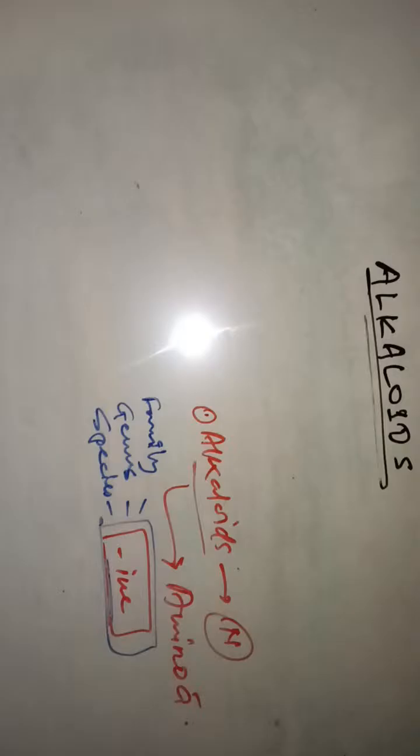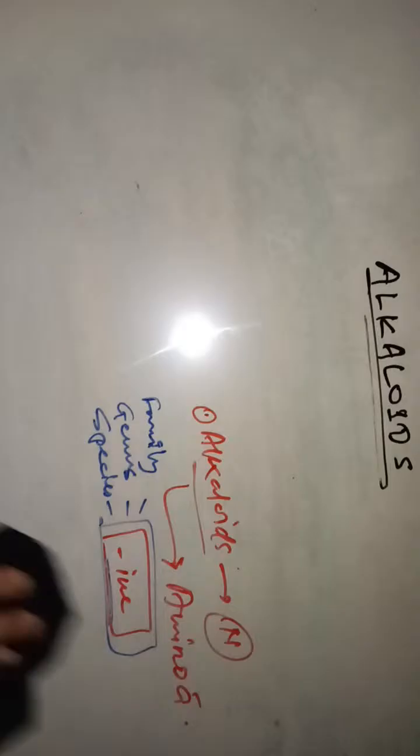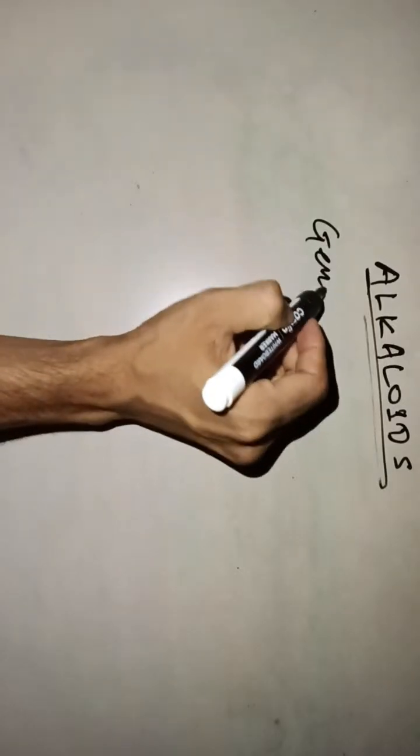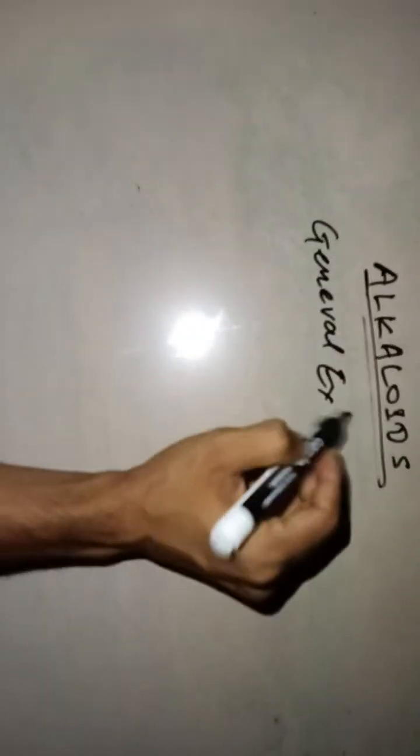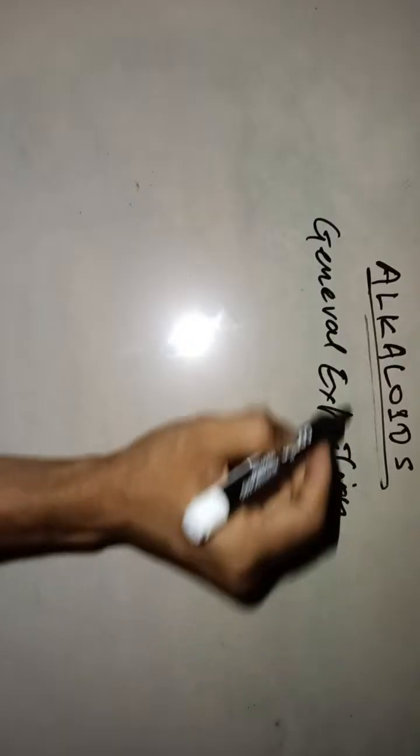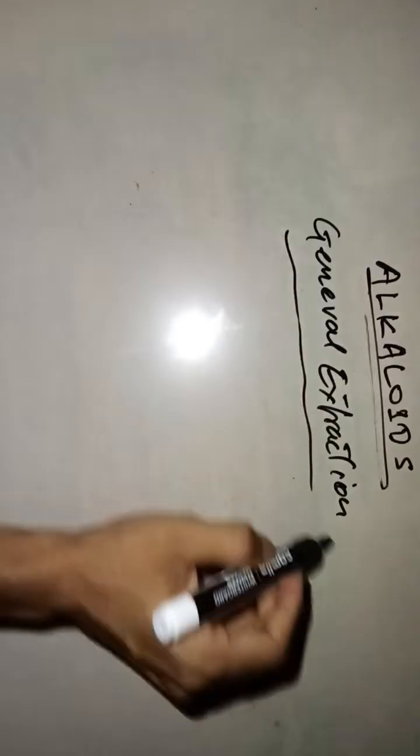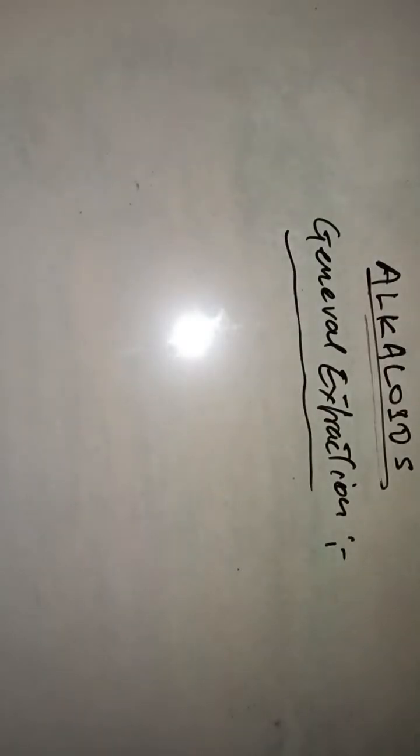It's important. Now we will proceed towards the general extraction procedure, which is very important. In the alkaloid part, the first important point is the chemical tests for detection of alkaloids, and the second is the general extraction. So, general extraction of alkaloids.